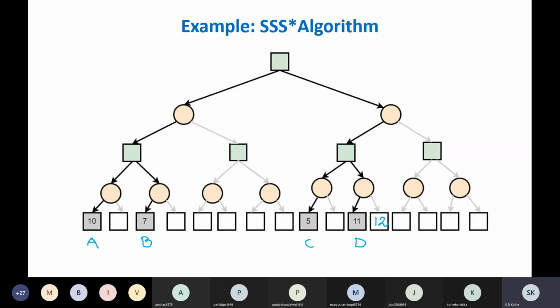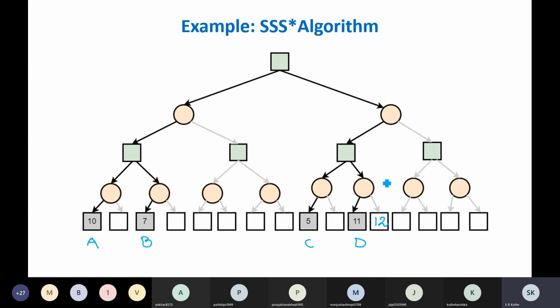Look at this. This cluster D, what is the upper bound? Value of a leaf node is 11. Now this came out to 12. Upper bound was 11. Although it is 12, that will not change the upper bound on this cluster D. Why?